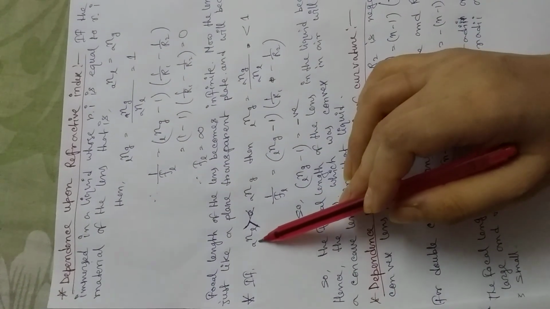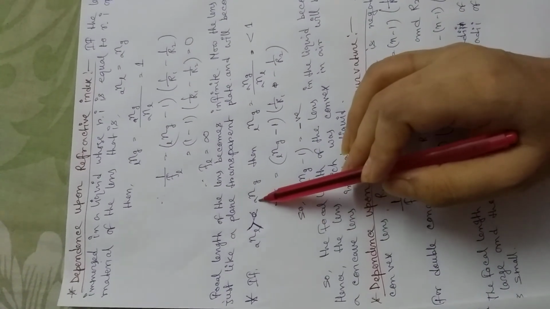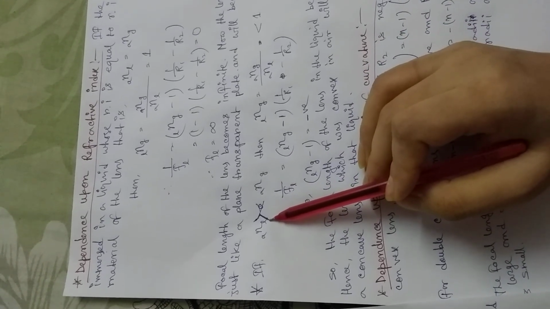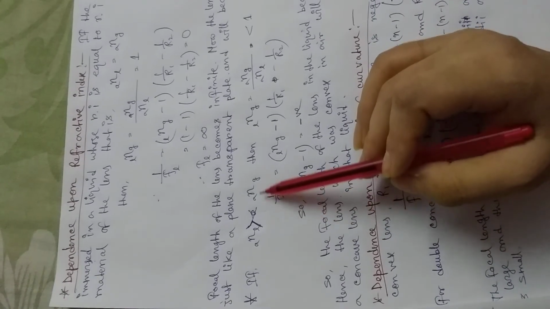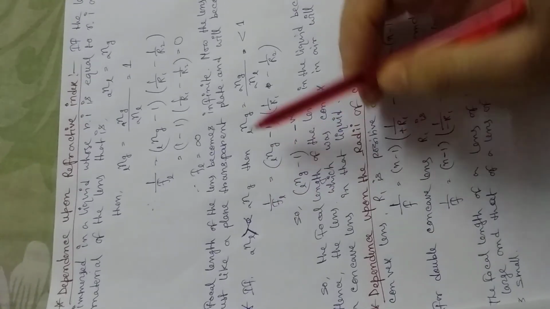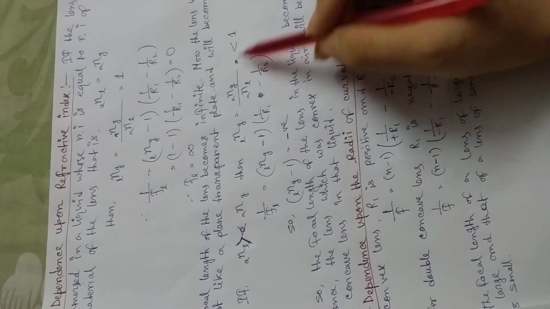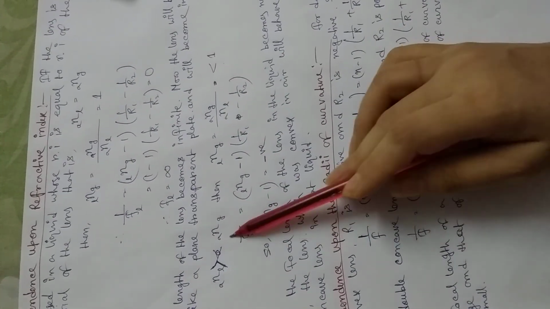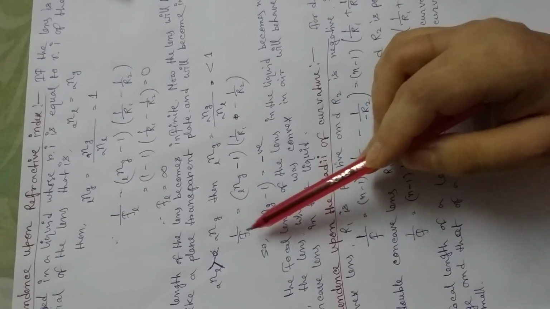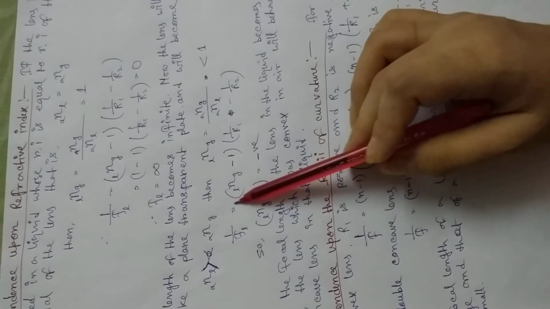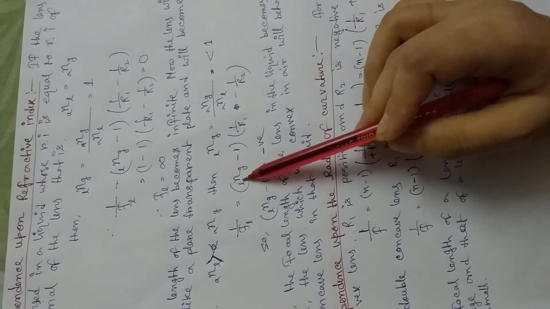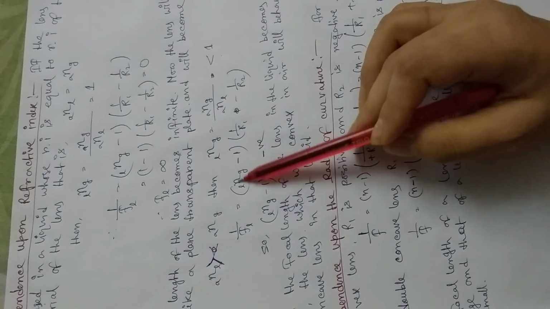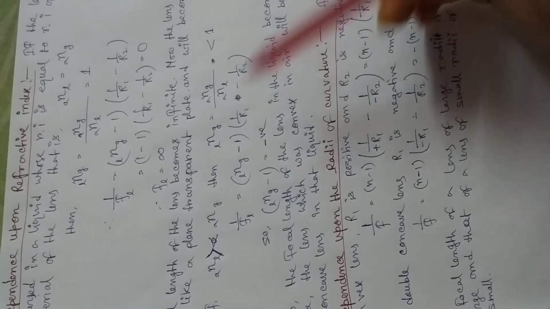If we assume that NAL is greater than NAG, that means the refractive index of liquid with respect to air is greater than the refractive index of glass with respect to air, then NLG is less than 1, because this one will be greater than this one, that means this should be less than 1. If this is less than 1, then what about 1 by FL? 1 by FL equals negative, because this term will be negative, because this is less than 1, right? Something less than 1 minus 1 is negative, so FL should be negative in this case.